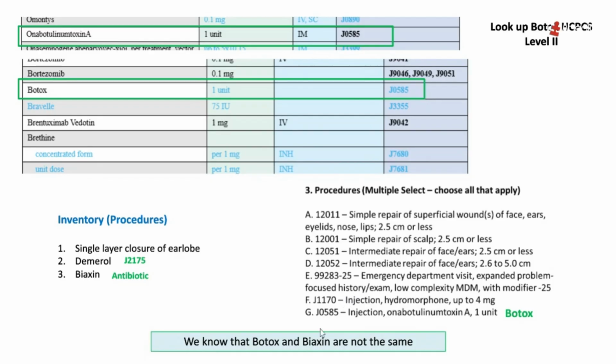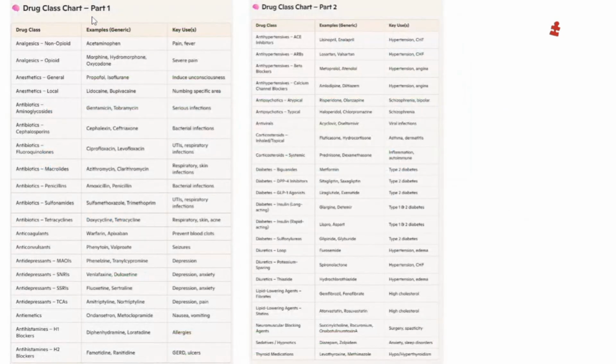But I already know that Botox and Biaxin are not the same. I just do, right? And so I'm going to reference this drug class chart. Now, all drugs pretty much fall into one classification. There are about 50 of them, and they fall into one. So I'm just going to kind of scan my charts and just observe.